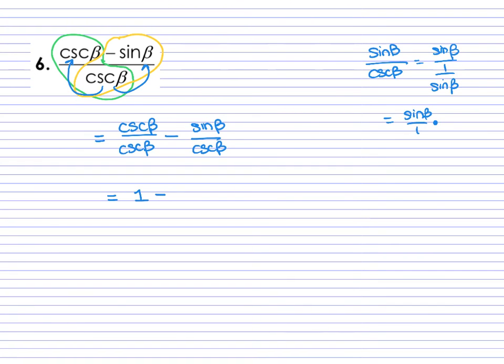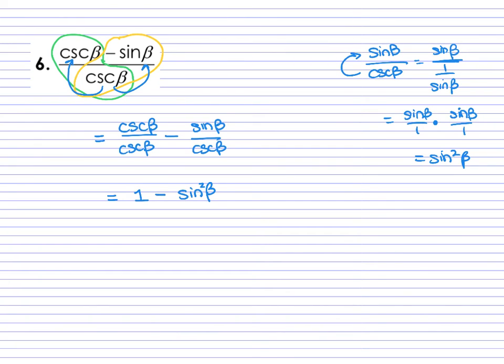So I keep the sine of beta and change division to multiplication, and then I flip the second fraction. So what I'm really going to have here is sine squared beta. Okay, so if you're not sure about that, go ahead and check that out again. But this cosecant essentially comes up to the top as another sine. So what I have is 1 minus sine squared beta.